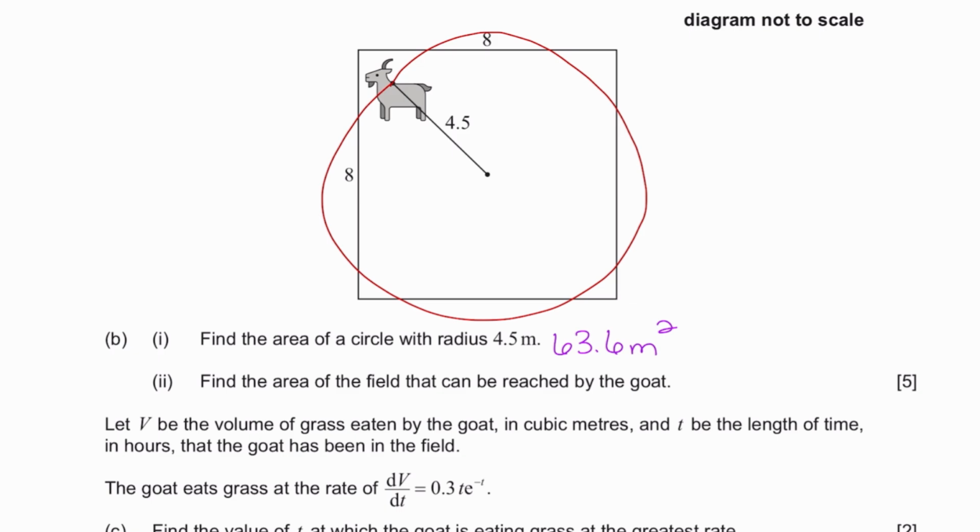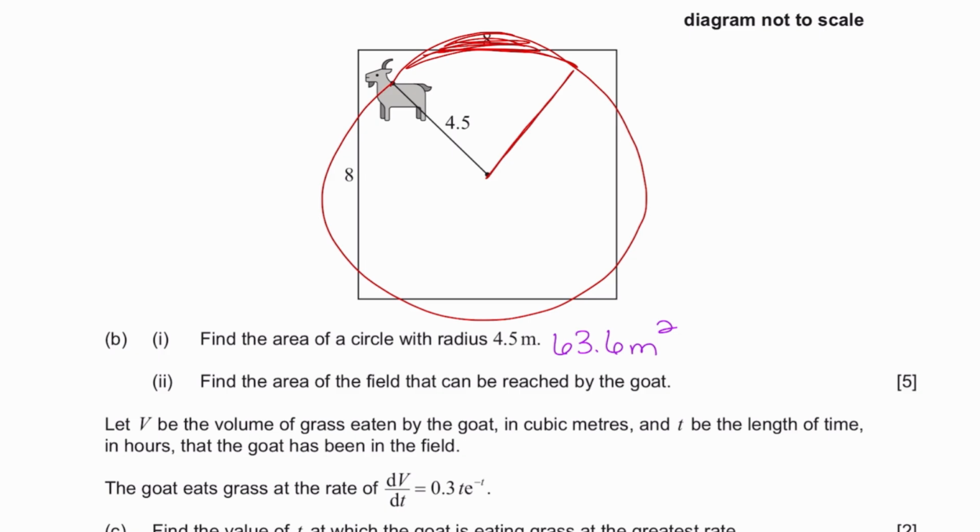Now, when my students took this test, I remember that they were so perplexed as to how to get this answer. There were some of them that just basically wrote down the 8 because they didn't know what else to do. What they didn't realize is the fact that this question is connected to the question that they ended up just solving at the beginning of the problem. So it says, find the area of the field that can be reached by the goat.